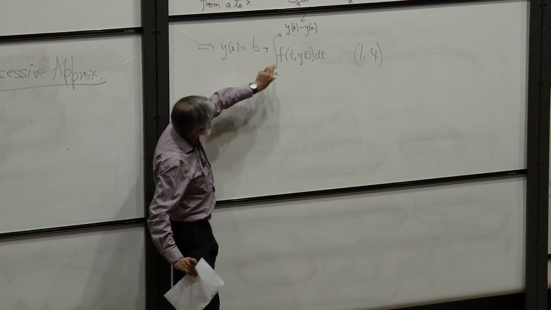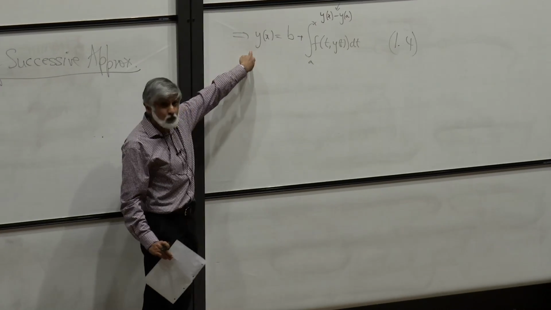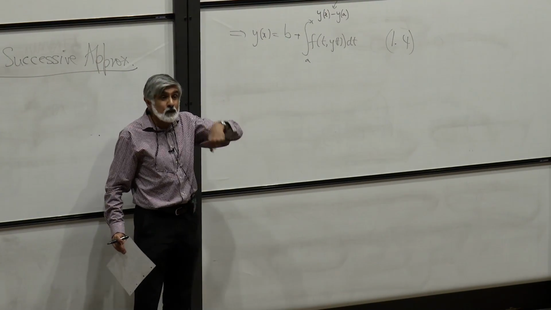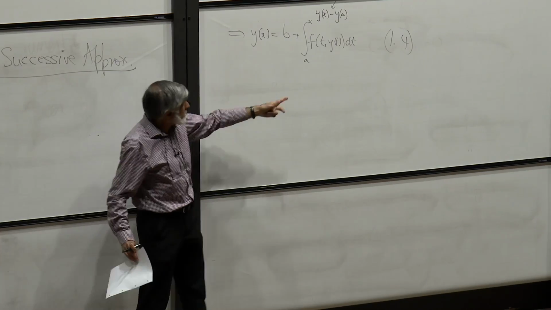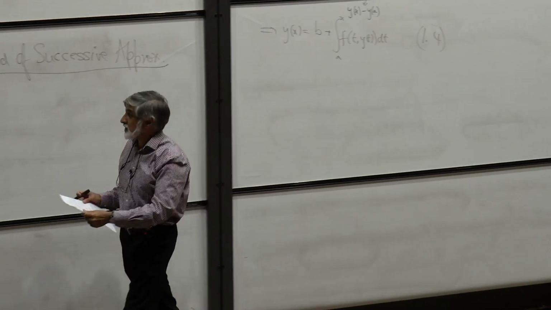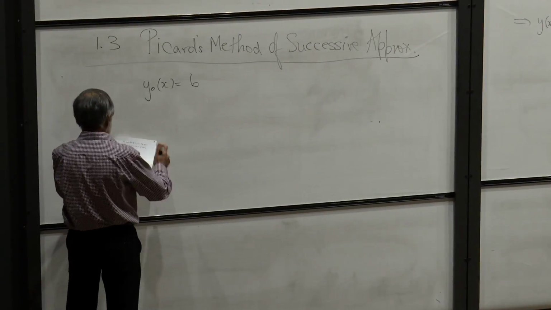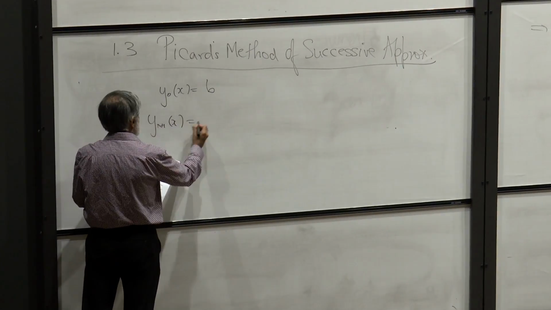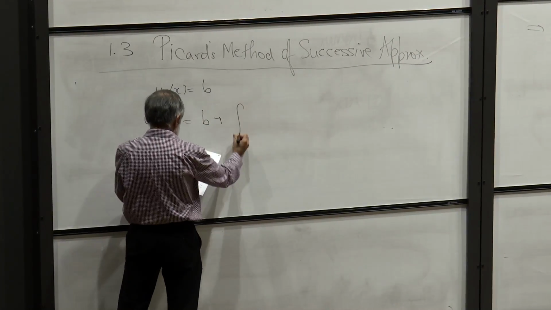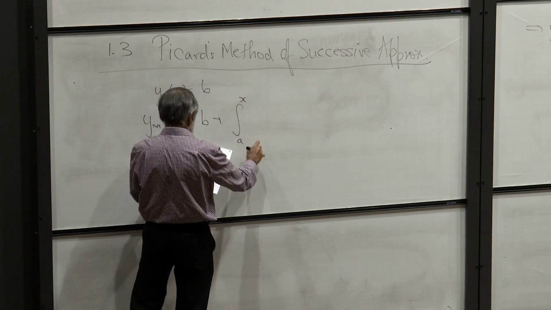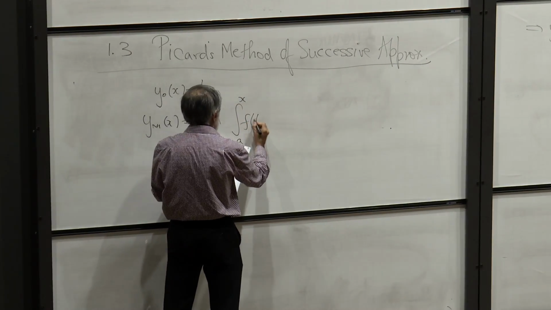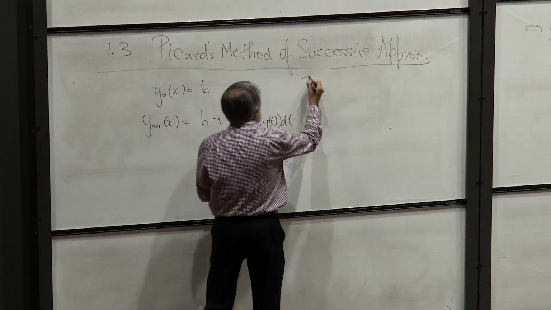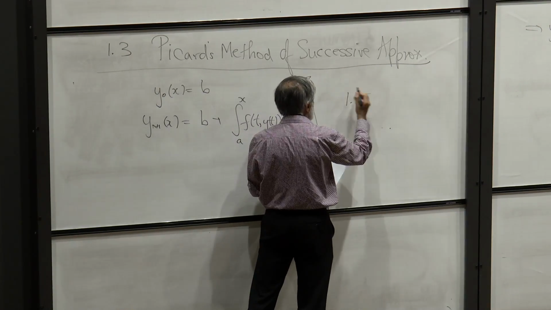And then we'll put that into here, and that'll get us y2. And we'll keep on and on going, and hopefully it will converge. Or under what conditions on f will it converge? So basically, y_{n+1} of x will be b plus the integral from a to x, f of t, y_n of t dt, and that is equation 1.5.